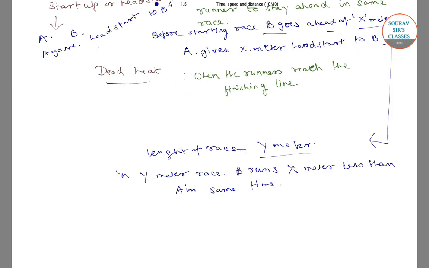Next is dead heat. When the runners reach the finishing line together, then it is said that the runners have finished the race in dead heat.